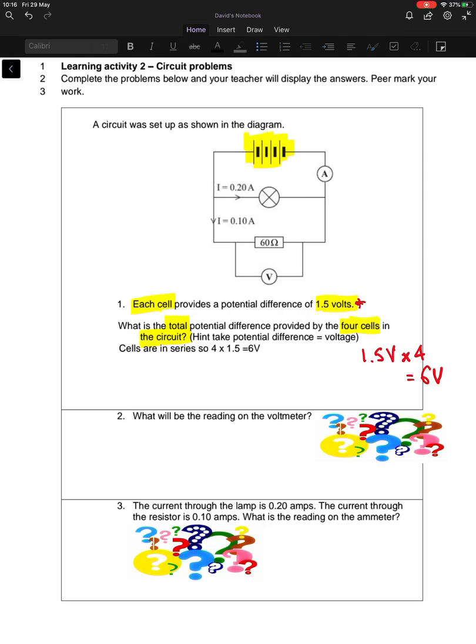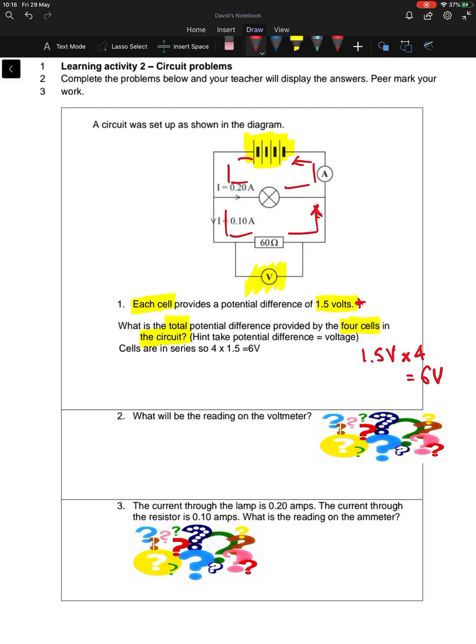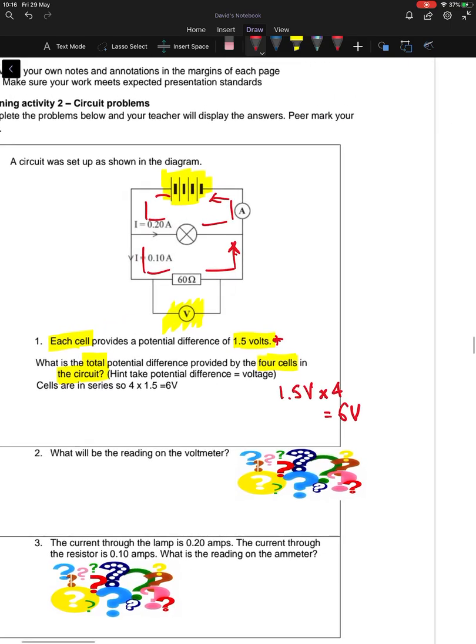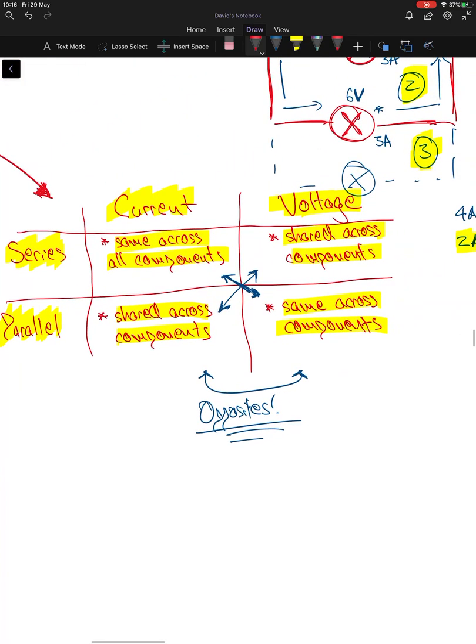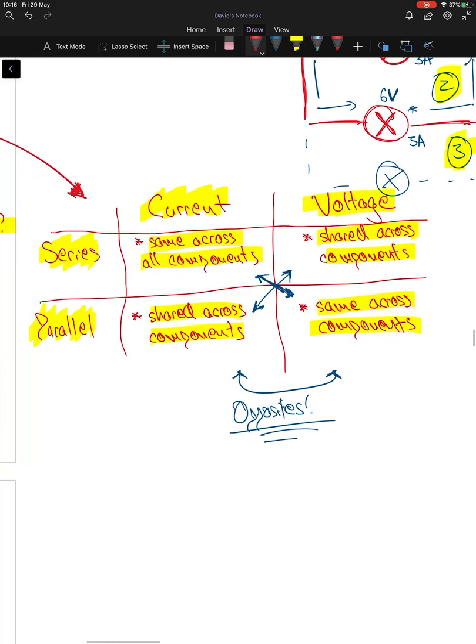Now, what will the reading be on the voltmeter? So here we've got our voltmeter. Now we've got 1 pathway, and we've got 2 pathways. So that makes it a parallel circuit. So if we're thinking about voltage in parallel circuits, let's go back to our rules.